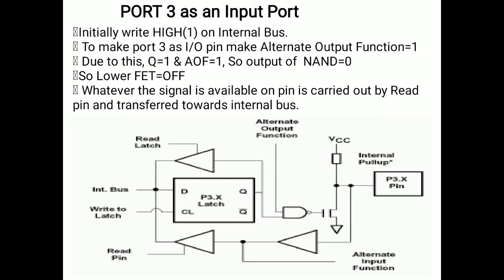What is the condition? When both inputs are 1 1, high high, what will be the output of a NAND gate for 1 1? Can anybody tell me? When both inputs of the NAND gate are high, the output generated by the NAND gate is 0, as shown on the screen also.